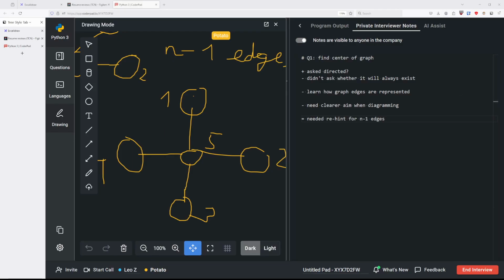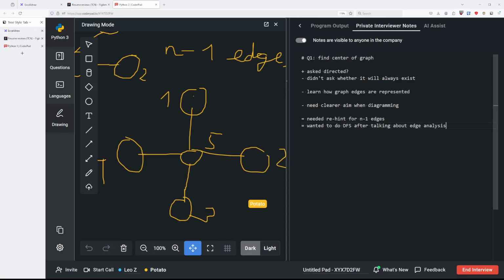I see. Okay, since it's an undirected graph, we can construct the graph with an adjacency list, and then we can start the depth first traversal to all of the neighbor nodes, the other nodes in the graph.